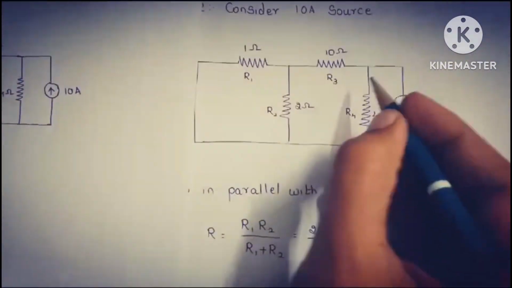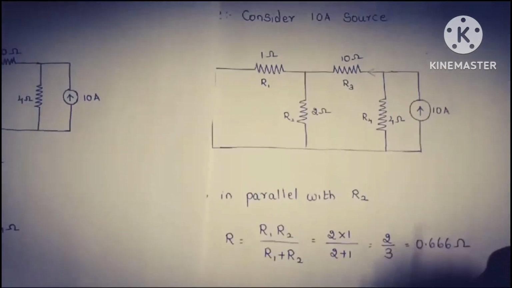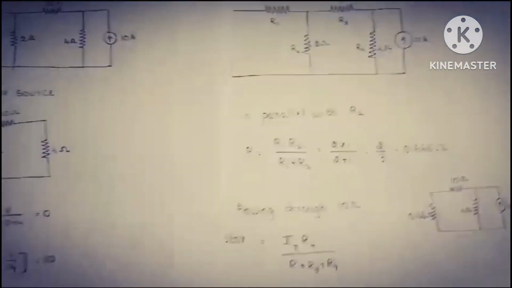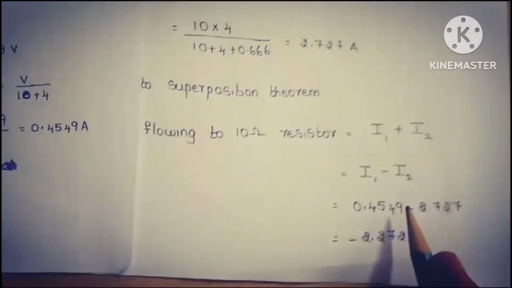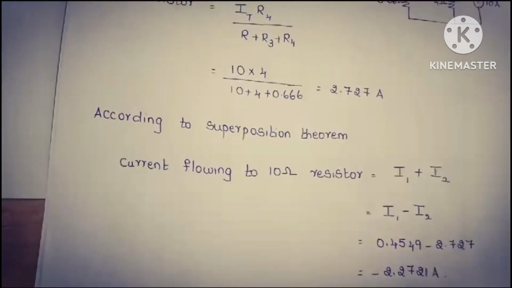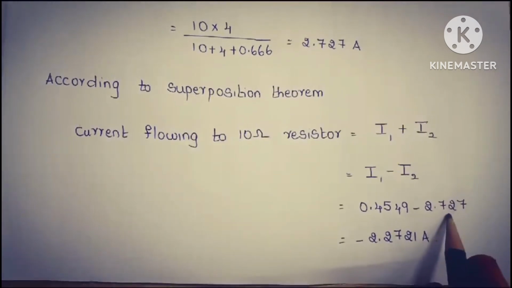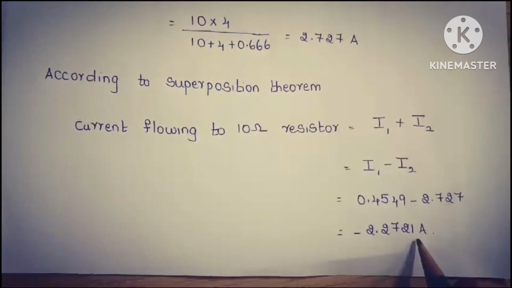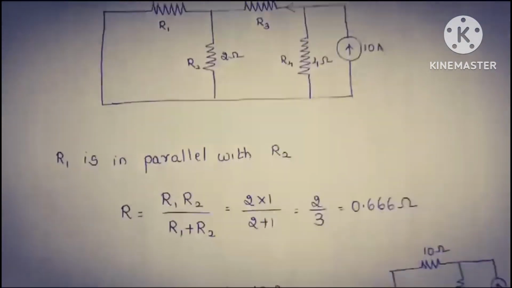When we consider the 10 ampere source, we assume that the direction of flow of current is from right to left. As these two currents are in opposite directions, we write the equation as I1 minus I2. Therefore, the total current is equal to 0.4549 minus 2.727, which is equal to minus 2.721 amperes, which implies that the direction of flow of current is from right hand side to left hand side.